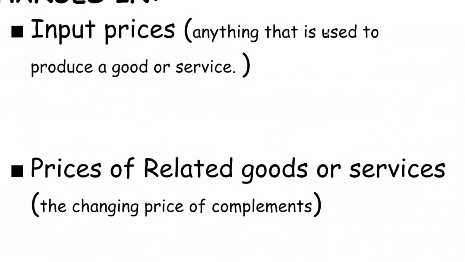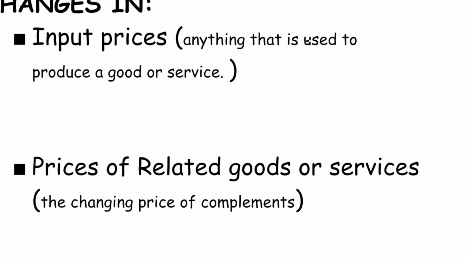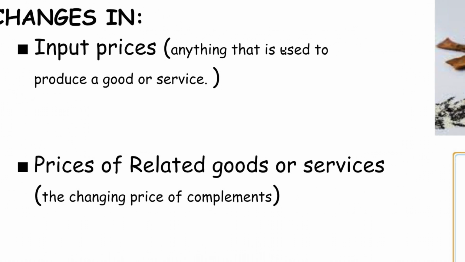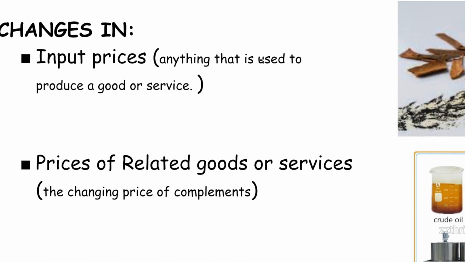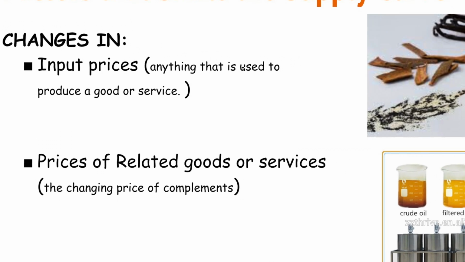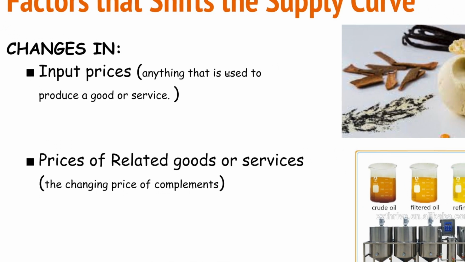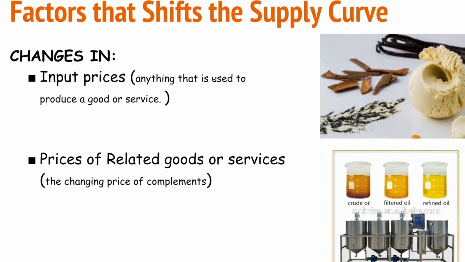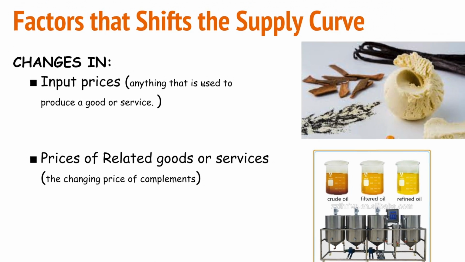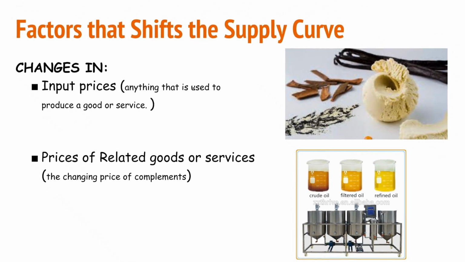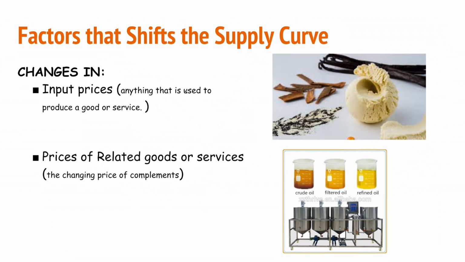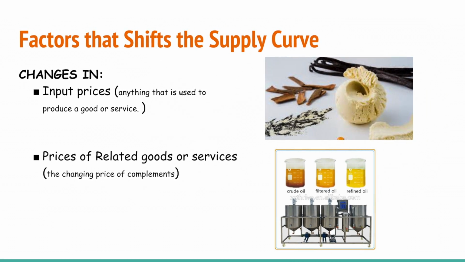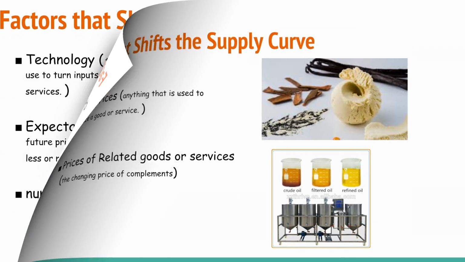And there are some factors that will cause the shift of the supply curve. First, the change in input price, an input being anything that is used to produce a good or service. Second, the change in price of related goods or services, like a single producer often produces a mix of goods rather than a single product.